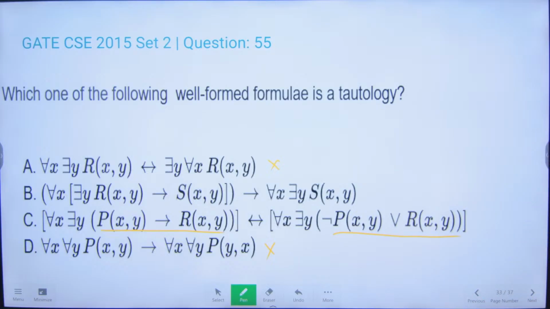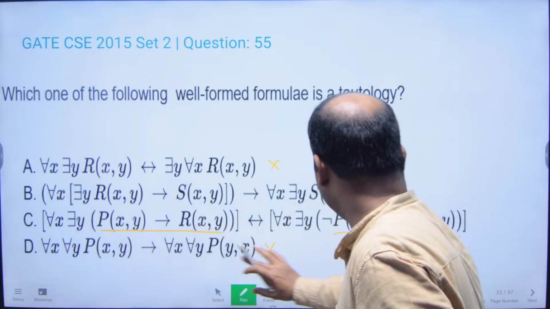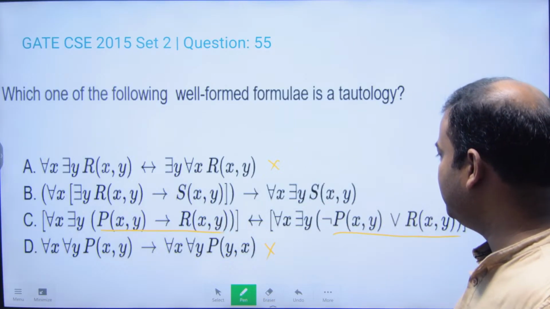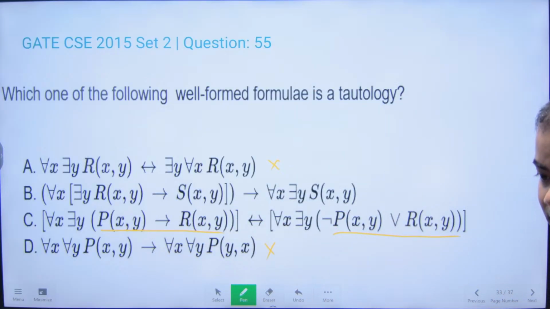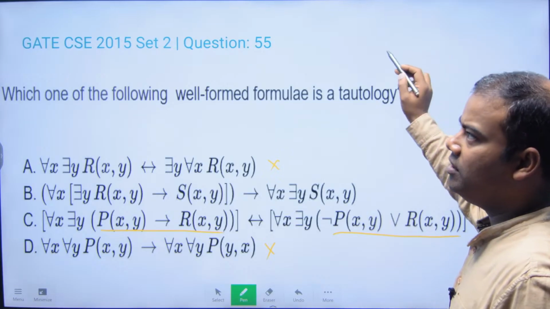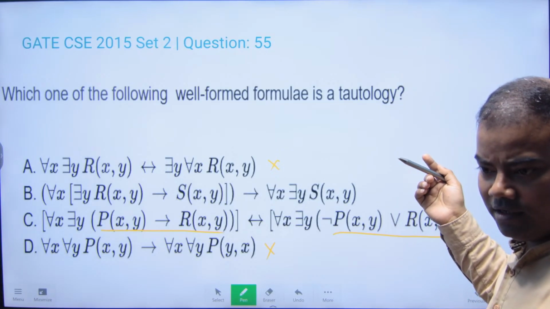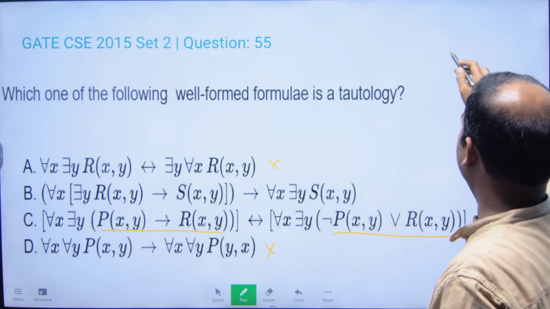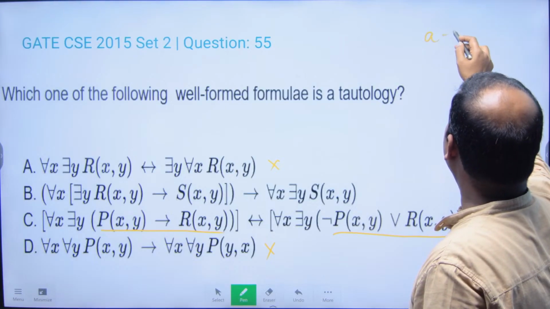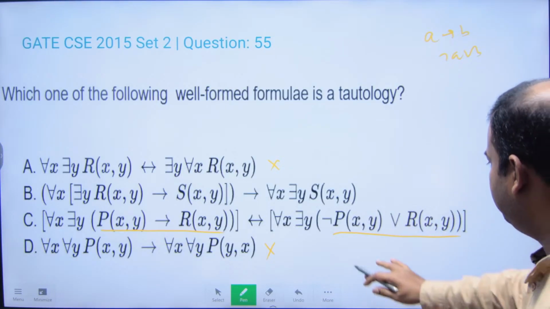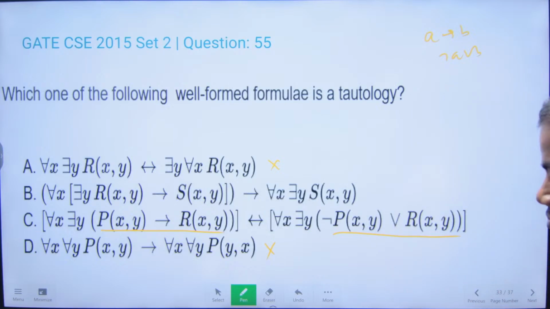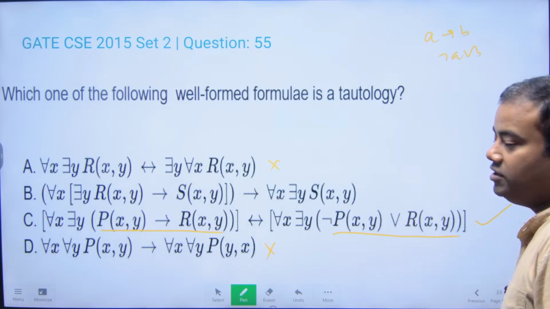This is r(x,y), this is not of p(x), not of p(x). Same. So this is definitely a tautology.